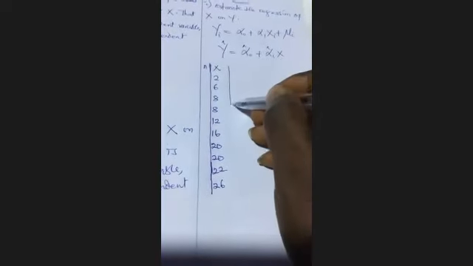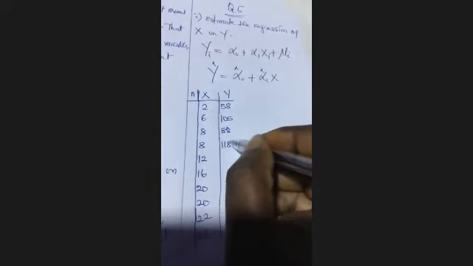So let's take down Y. Y is 58, 105. This is taken from the table.